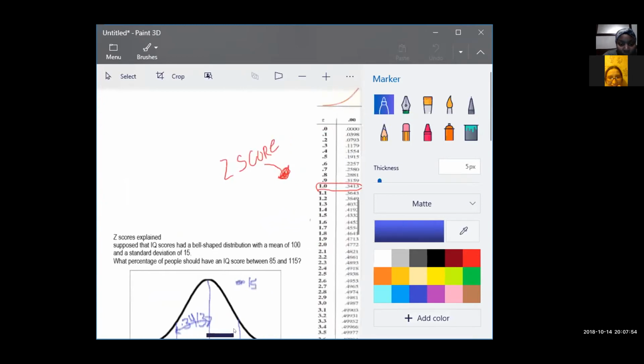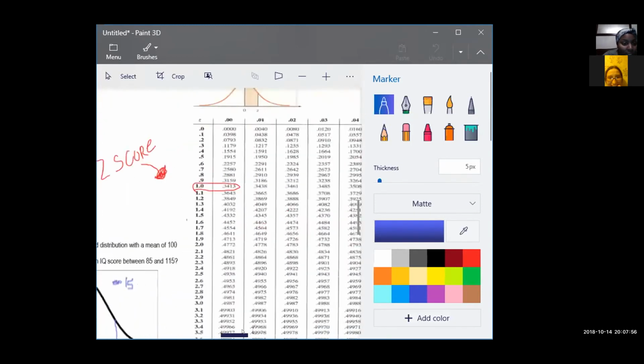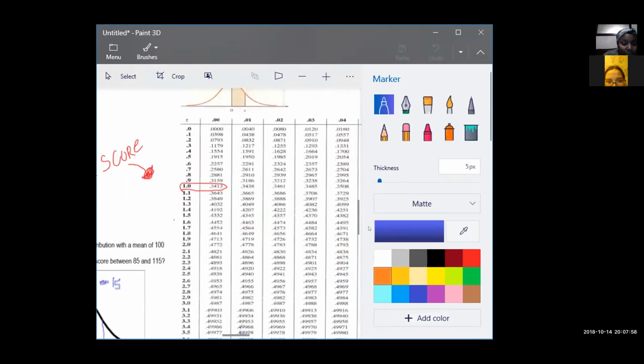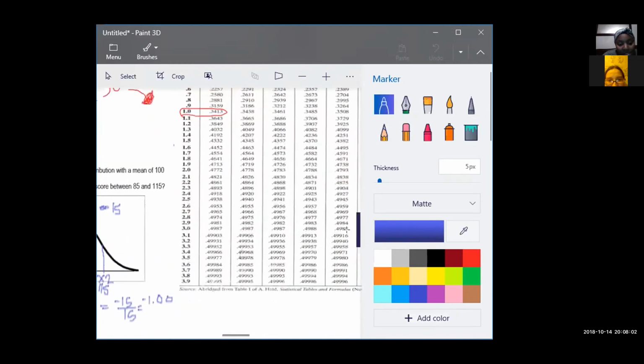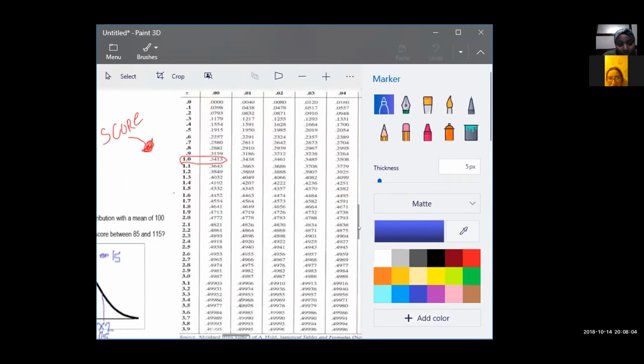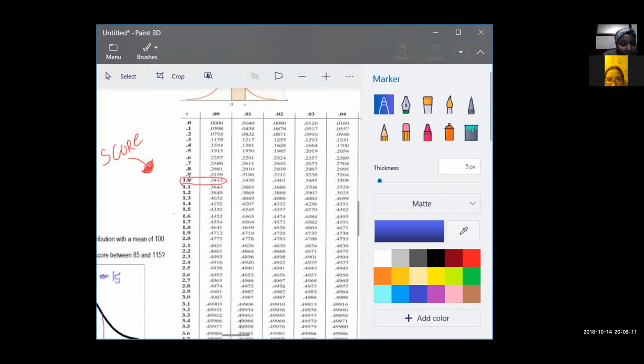So for this number, negative 1.00, you go to the table, and even if the number is negative or positive, you still go to the same number because it's always going to be the same answer. In this case, it would be 1.0. You would find that on the table, and it will give you 0.3413.